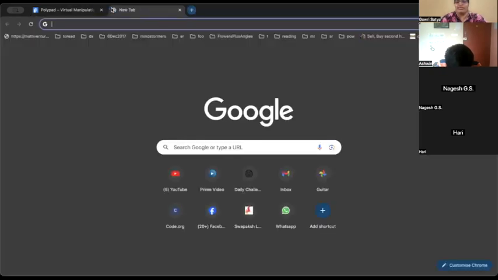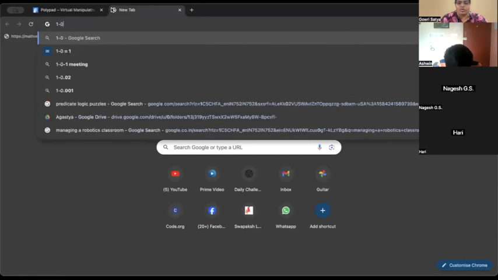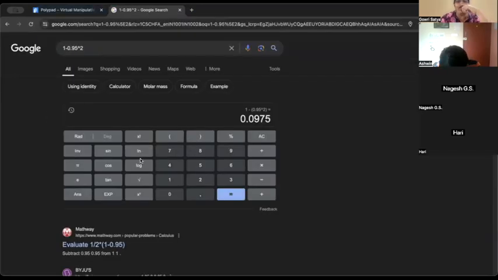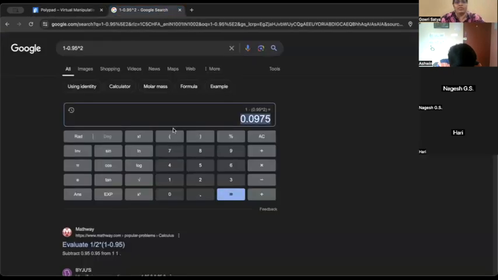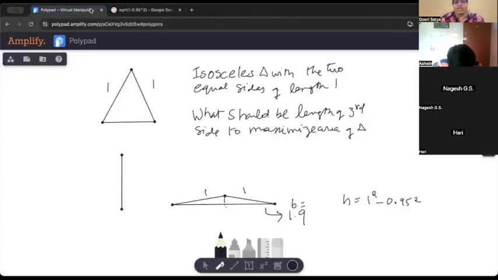Okay, calculator. 1 minus 0.95 squared is 0.095. We need the square root of that. 0.31.